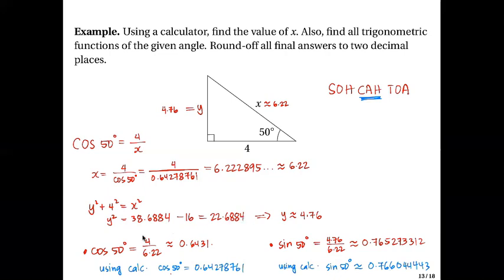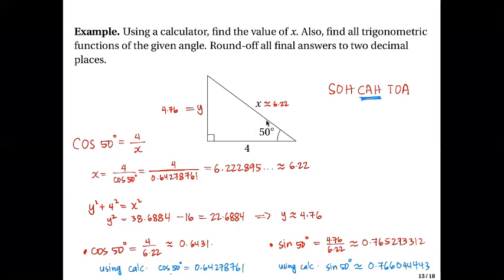So I want you to compare the rest, the other trigonometric functions: tangent theta, cosecant theta, cotangent theta, and secant theta, the remaining four.